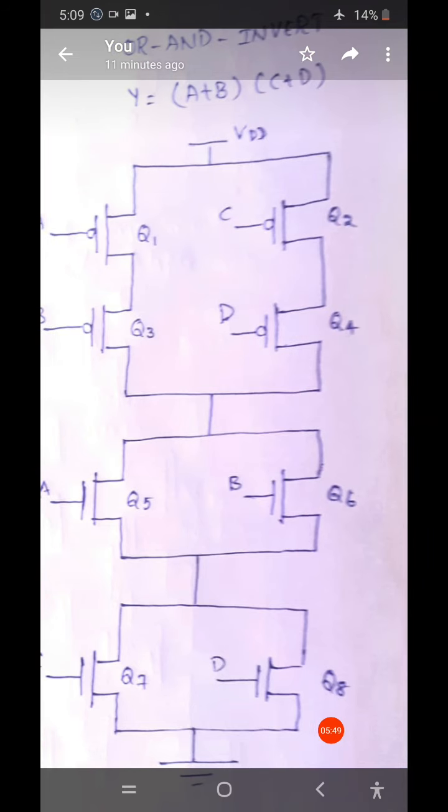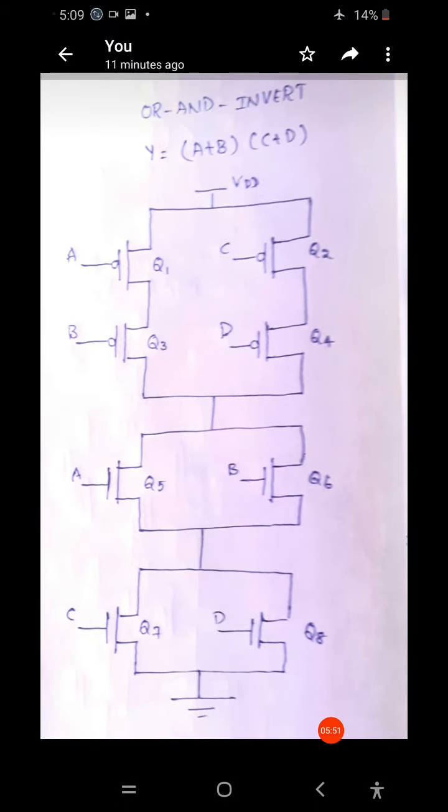Here we have four inputs, A, B, C and D, so we get 16 possible conditions. For 4 input variables we get 16 possible conditions, and for those we have to write the truth table.